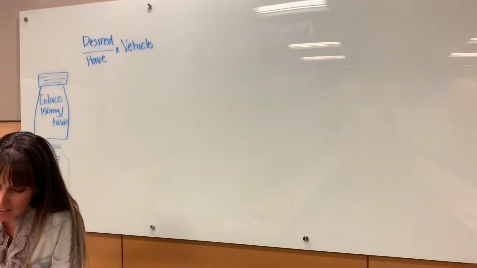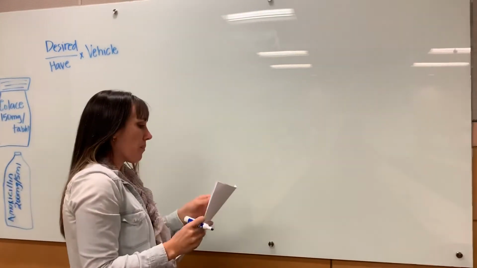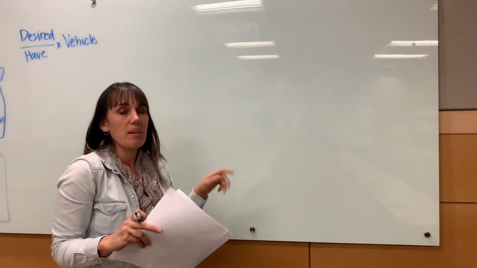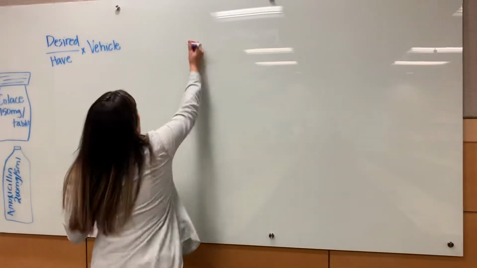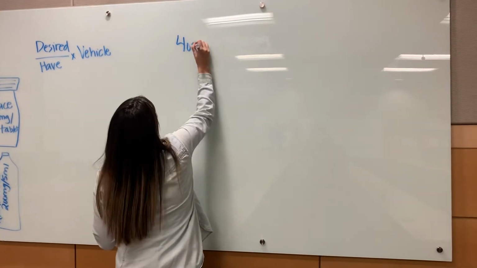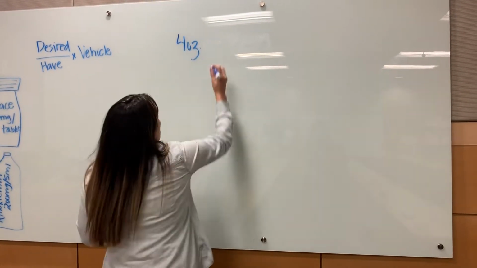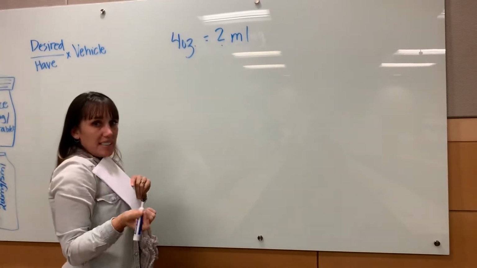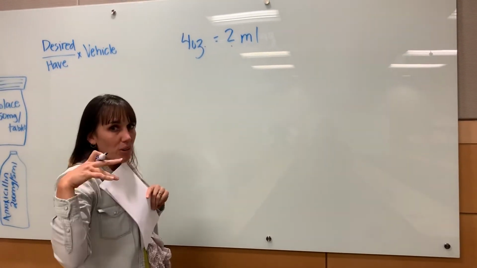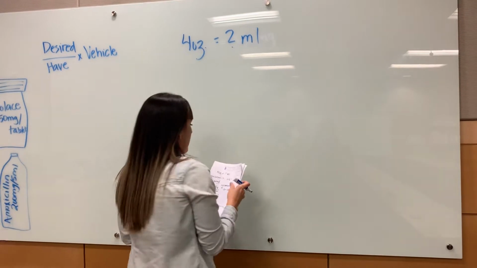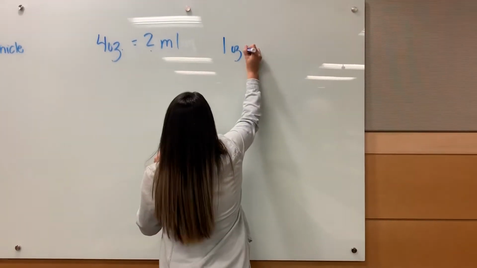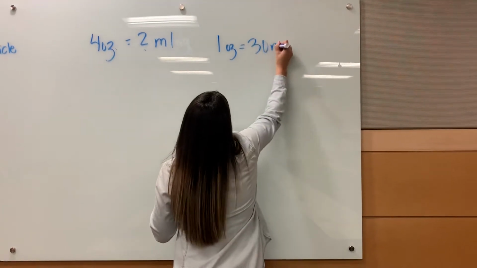Okay. How about if we're using conversions between the metric system and the household measurements? Let's say we have 4 ounces and we want to know how many milliliters that is. We have to memorize our basic conversions of our household equivalents, and 1 ounce equals 30 mils.